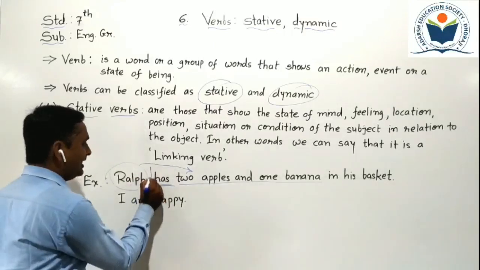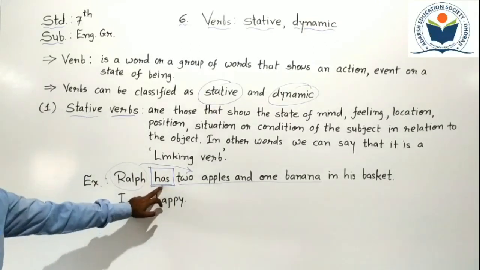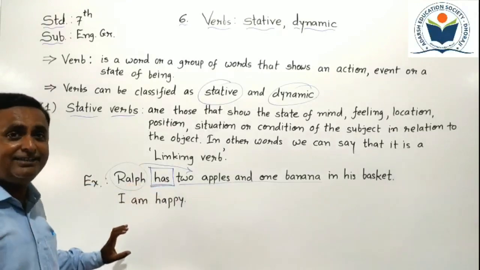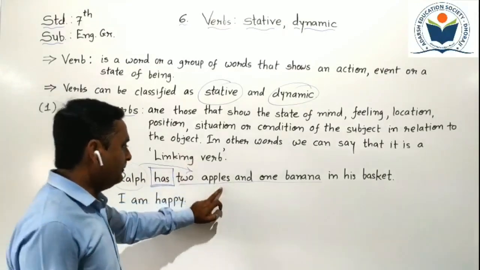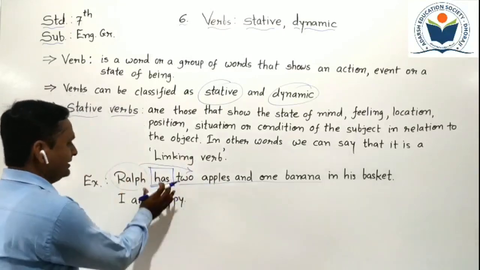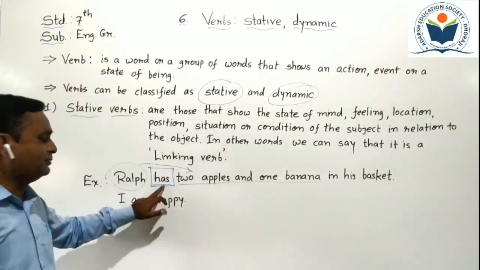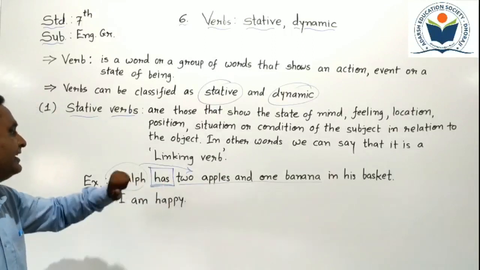So here has is known as linking verb or stative verb because it shows the relationship between subject Ralph and object 2 apples and 1 banana. So it is connected. It shows the relation. So that type of verb is known as a stative verb or linking verb.